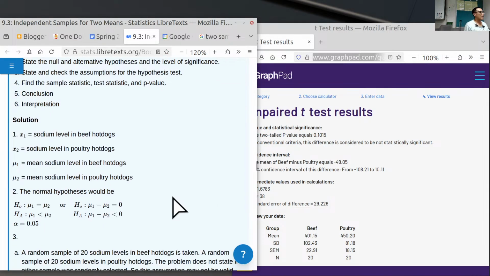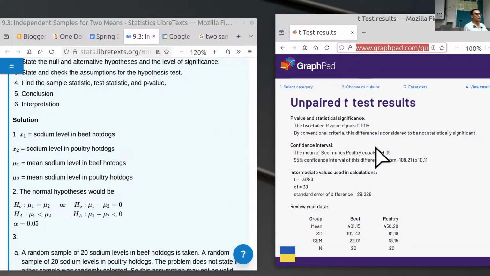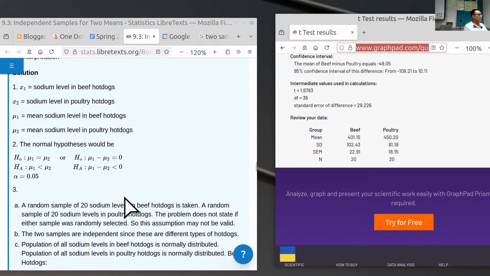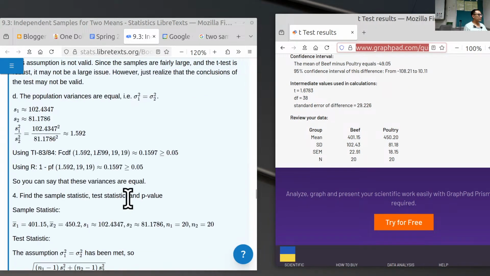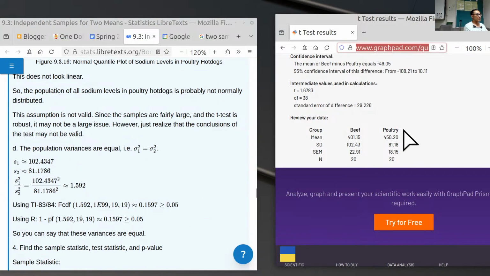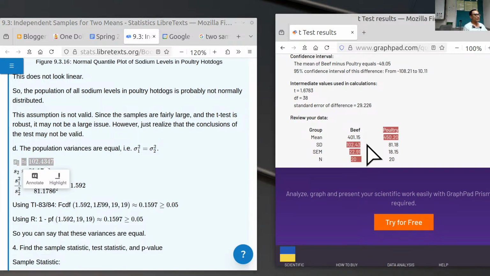After calculation, we can compare the right and left side. First, the standard deviation from the beef is 102 here. The standard deviation of the poultry is 81.18, the same.